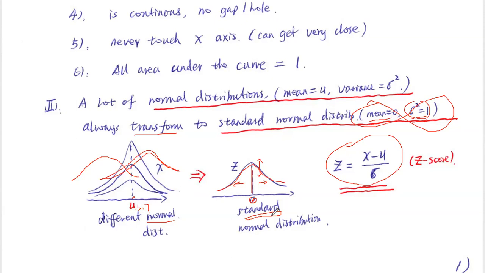So this standard normal distribution can help us calculate probability much faster. If we are not using the standard, and I ask you to calculate that probability based on any normal distribution, it will be much more difficult. We will come back for more details.